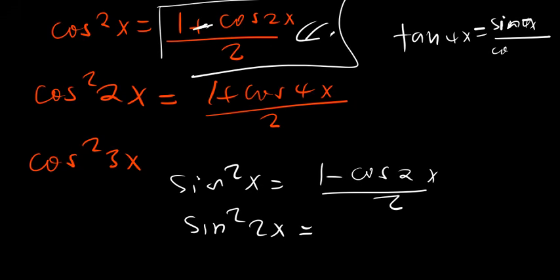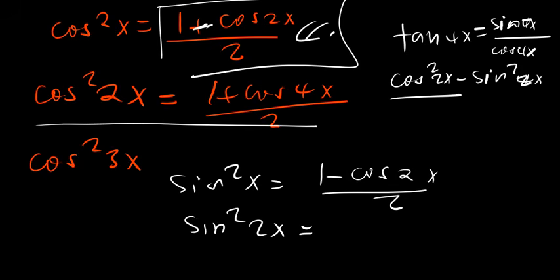Then cos 4x. But because we have said this guy is going to give you cos squared 2x minus sine squared 2x, where there is this guy, you are going to replace it with this one. And where there is this one, you are going to replace it with 1 minus cos 4x. Just like that.